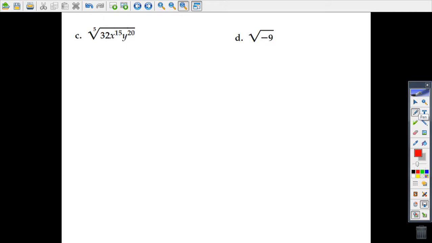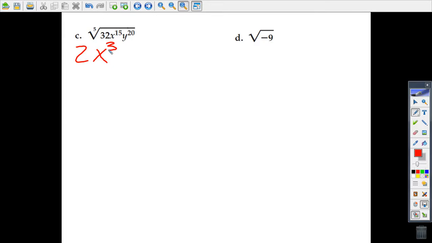So since it's a 5th root, I'm going to have 2. And what does that x to the 15th become? How many quintuplets of x are there going to be? 3, because we'll have 3 sets of 5. In other words, I take the exponent and divide 15 by 5. You get 3.